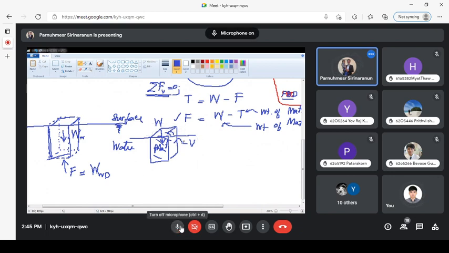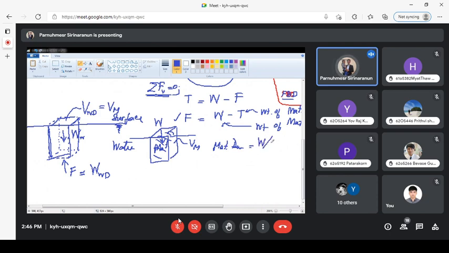Yes. And the volume of this pure water and this volume of material is the same. Yes, it's the same. Okay. So your material density equals what? The weight of material divided by its volume. Yes or not?